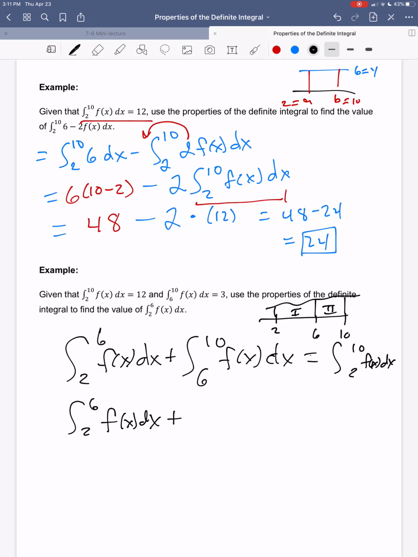I'm given that the integral from 6 to 10 is equal to 3, and I'm given the integral from 2 to 10 is equal to 12. So I can just solve this equation. I subtract 3 from both sides. 12 minus 3 is 9.